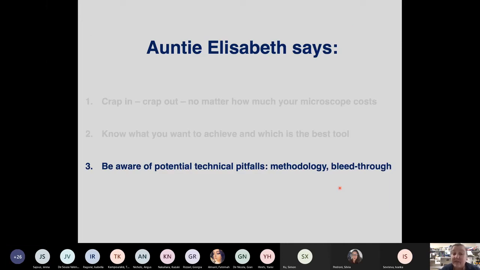So we have perfect antibodies. We know which microscope to use, but now we have to prepare our samples, and we have to use our microscopes. And there are more pitfalls. Unfortunately, there are pitfalls at every corner with this technique. I mean, it's not unique in doing experiments.